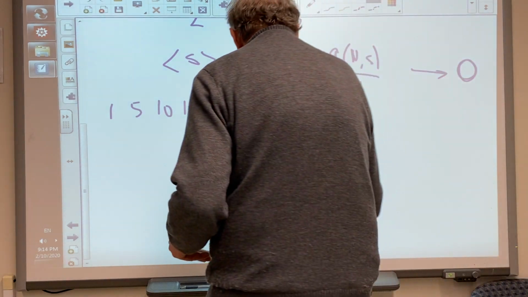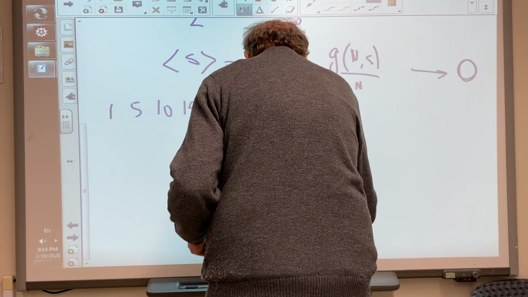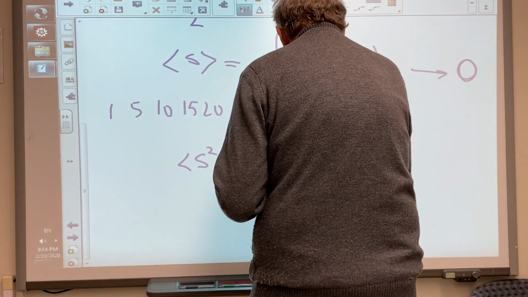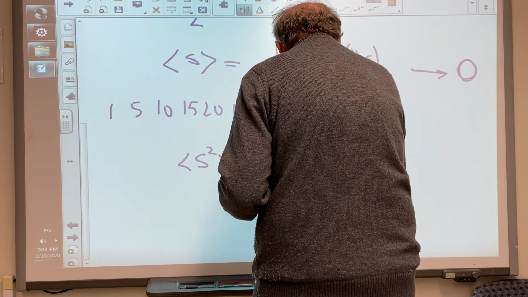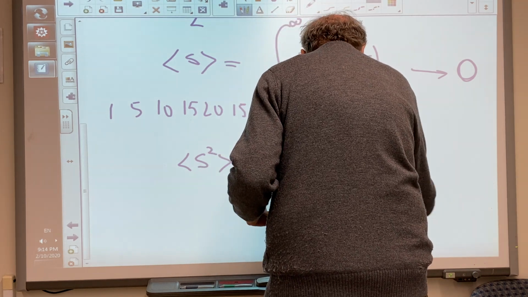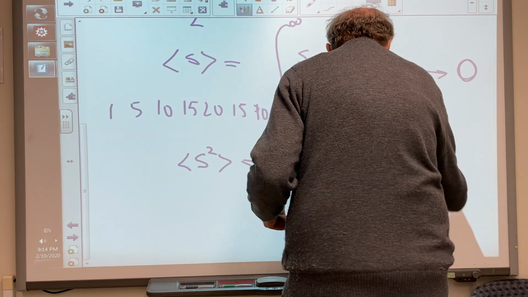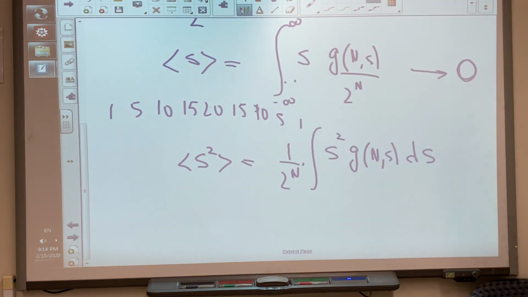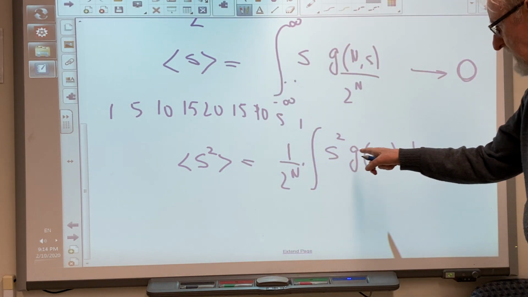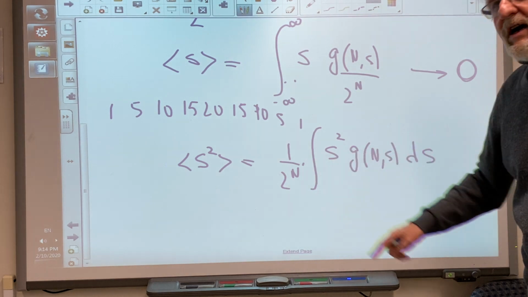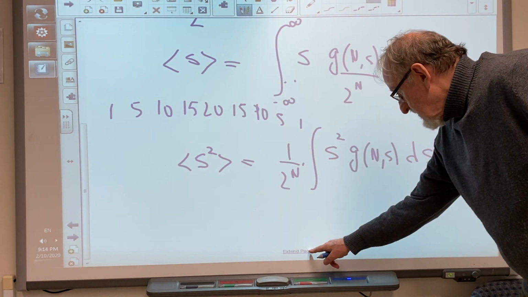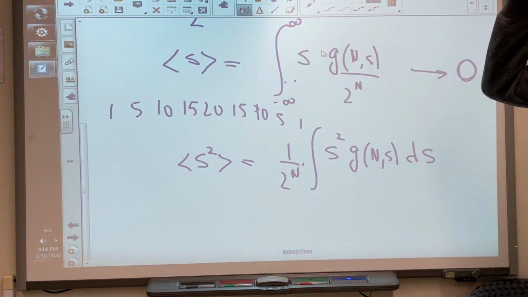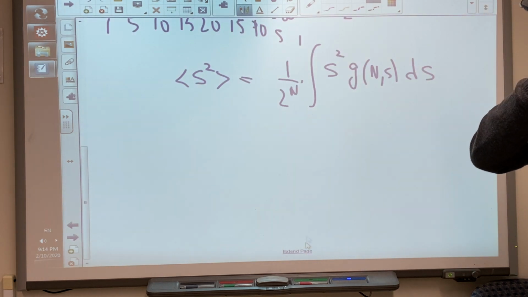So I have to do 1 over 2 to the n, and I have to do the integral of s squared g of ns ds. Remember, the probability was the g divided by 2 to the n. Because remember, the g goes to 10 to the 50 or whatever, these crazy numbers.